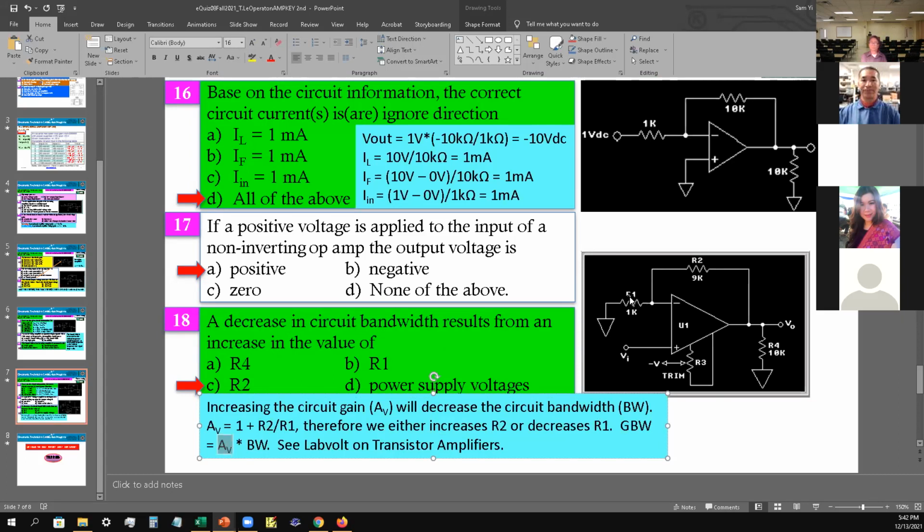Either we decrease R1 or increase R2. In this case, they tell you to increase, so the only thing you can increase is R2. Or you can reduce, yeah, but in this question they tell you only to increase the value. So the only thing you're allowed to increase that would make the circuit true is R2.